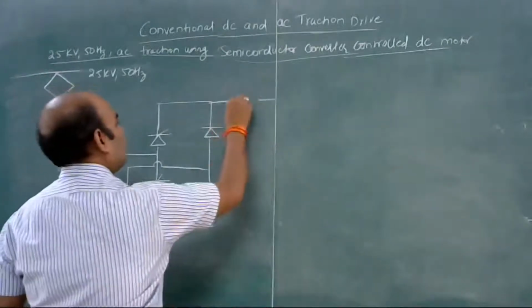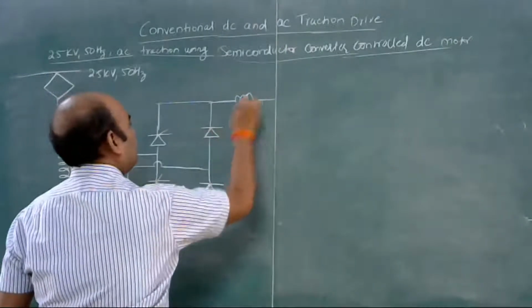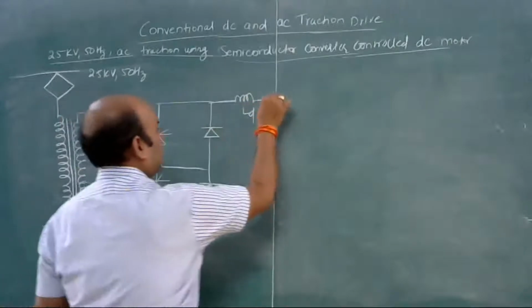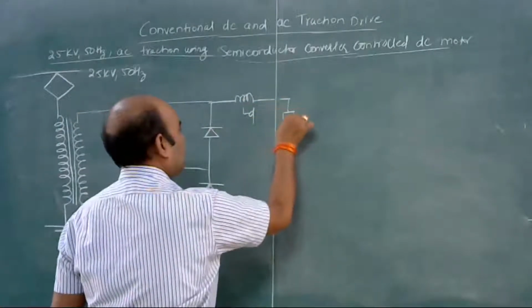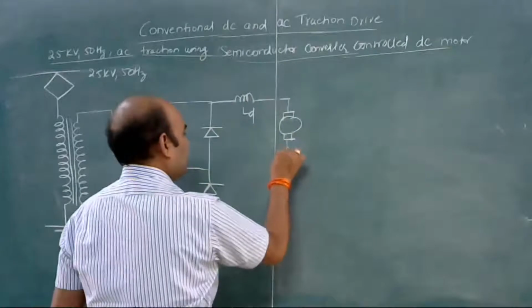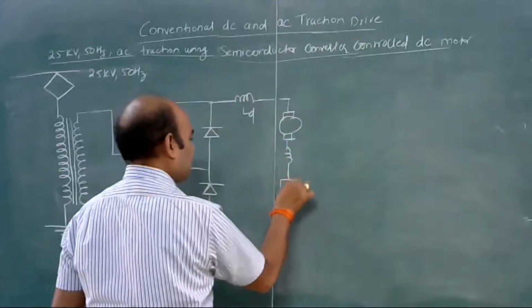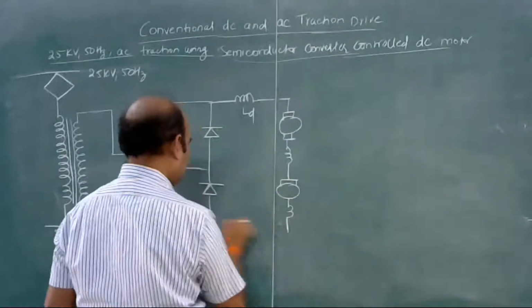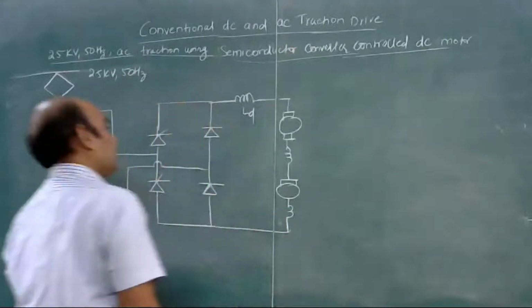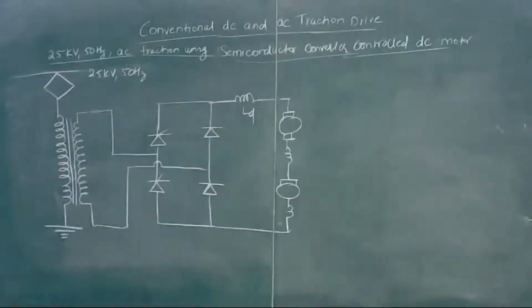So here we will use this filter L and a DC series motor. So this is the drive of shunting locomotives of 25 kV AC traction with thyristor converter.